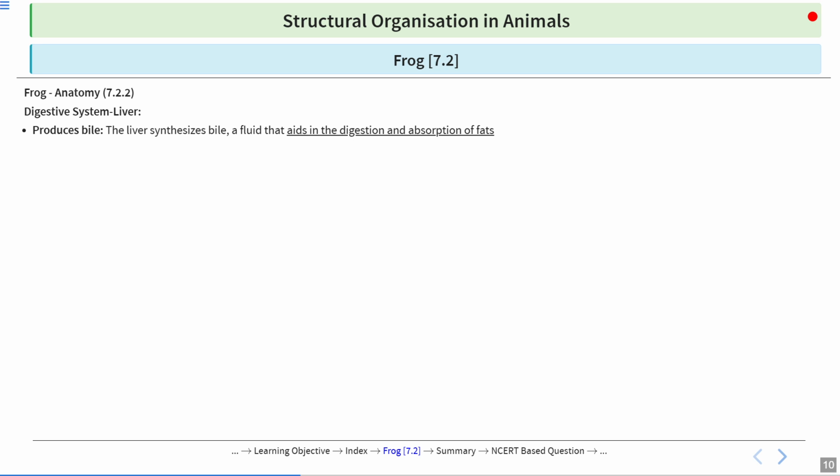And the food is acidic. If the liver is not working properly, then there will be no bile, and in that condition the food will not become alkaline, so there will be no digestion of food in the intestinal part, right?